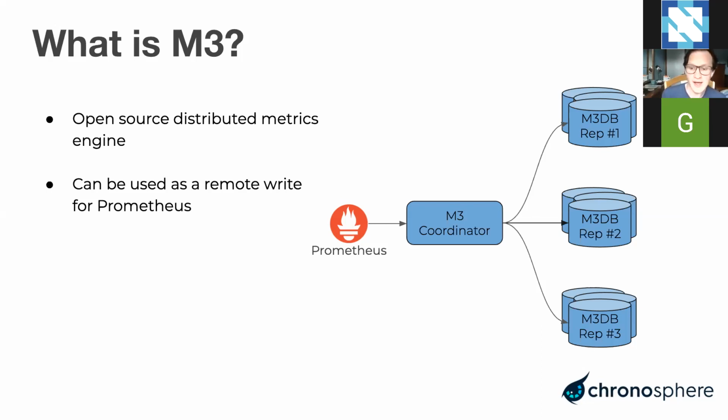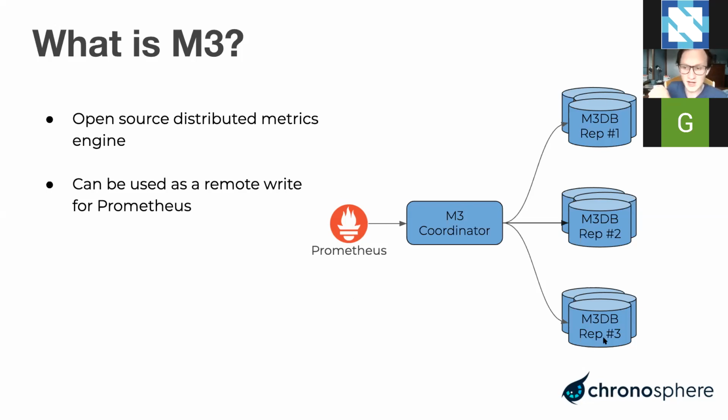solution. As we see here, the architecture would look something like Prometheus talks to this arbiter in between called the M3 coordinator, and the M3 coordinator is in charge of basically forwarding the operations to the actual distributed system, which is the M3DB component.